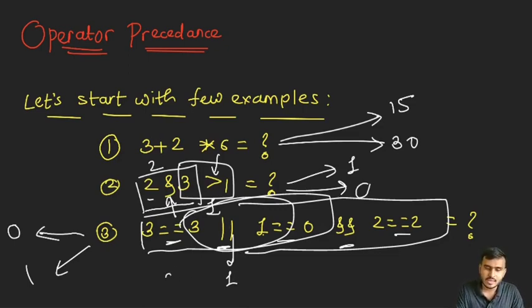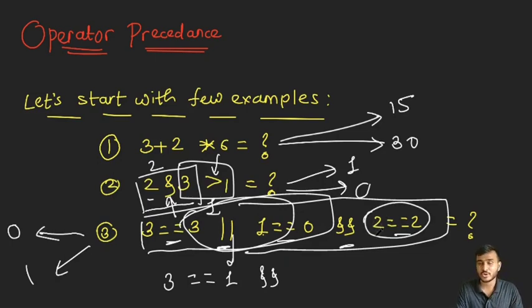Then we have 3 equal to this, that is 1. Then we have 1 and 2 equal to 2. Let's say again in this case, 2 equal to this part gets evaluated. We are just doing some random things. We don't know which part will evaluate first, so we are just trying to find different possibilities of the answers.